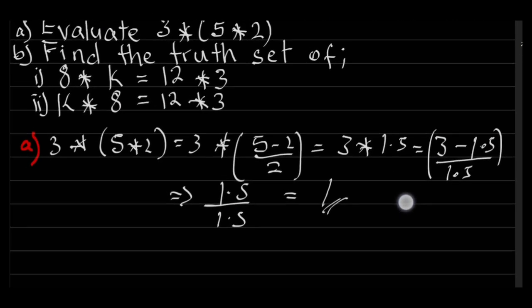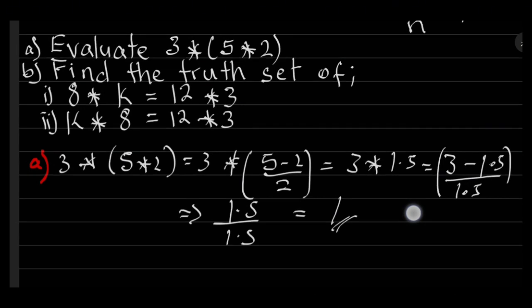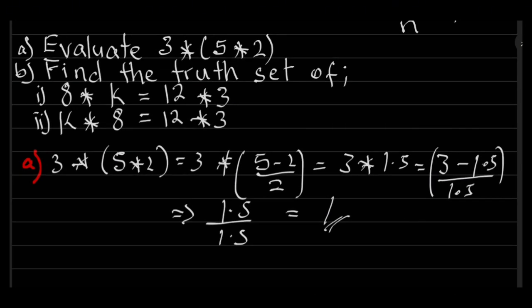Now let's try solving for part II. We have to find the truth set of 8 star k equals 12 star 3.